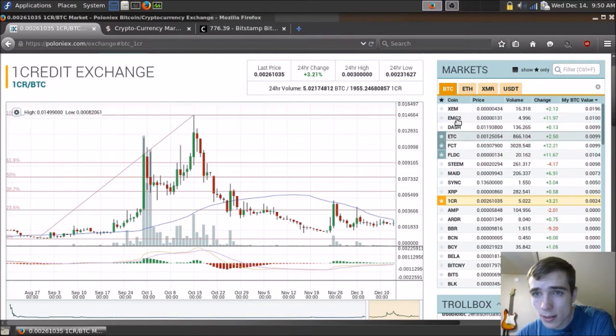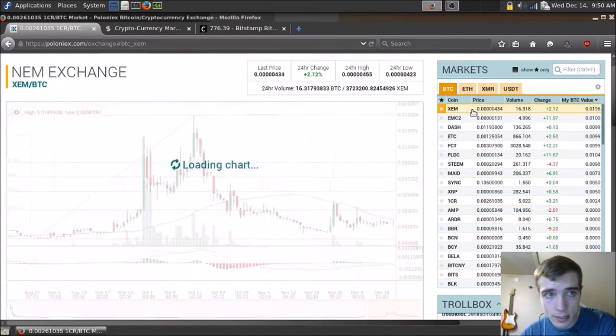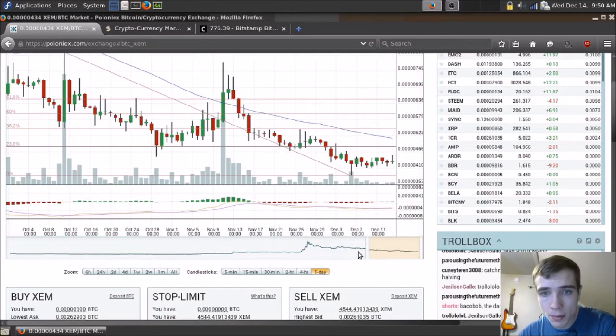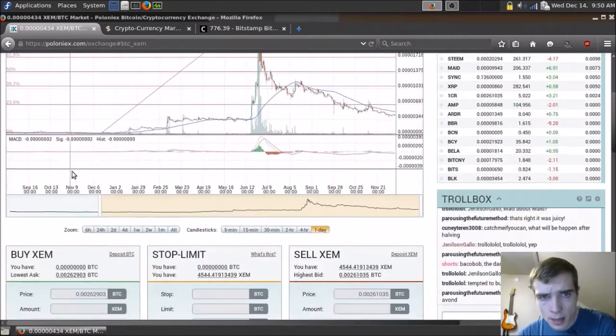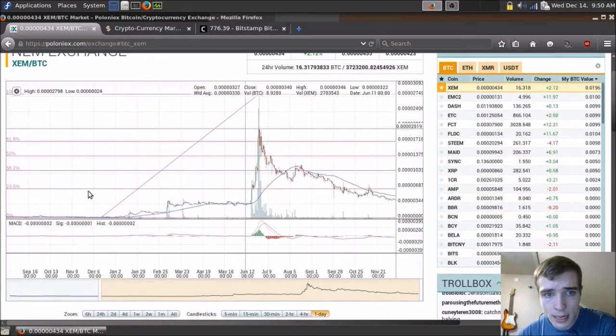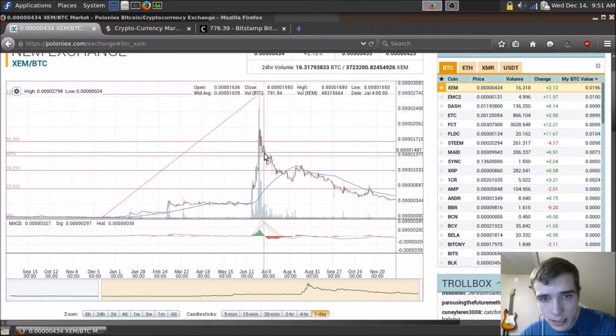Now, some ones that I really wanted to point out today, because I feel like they are in prime market conditions for investing, is New Economy Movement. Now, New Economy Movement saw like a 6,000% gain from January over to June and July of this year.